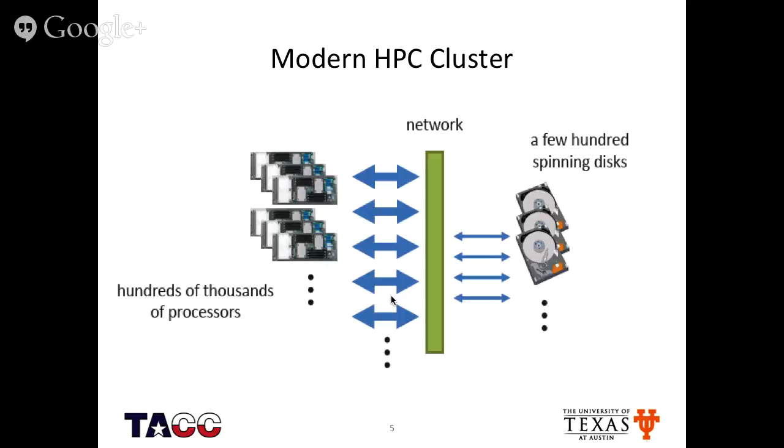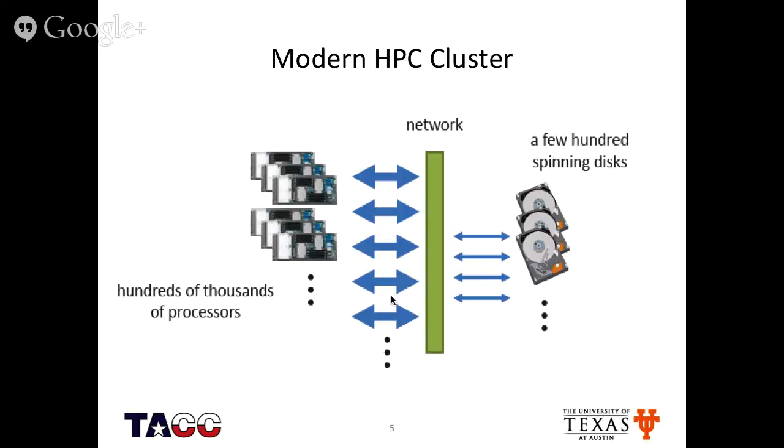Think of the connection between the processors and the network as a superhighway, and the one between the network and the spinning disks as a country road, which is a lot smaller. Now, if you need performance, what would you do? Just increasing the number of spinning disks on one side or just adding more memory is not going to give you more performance.